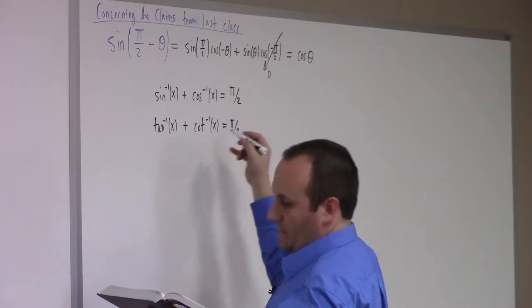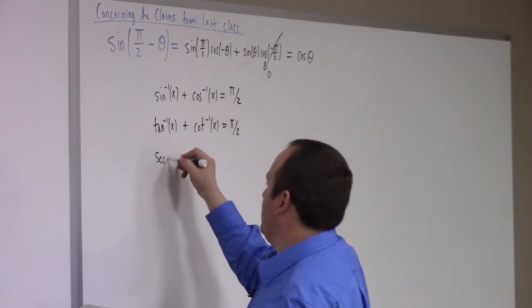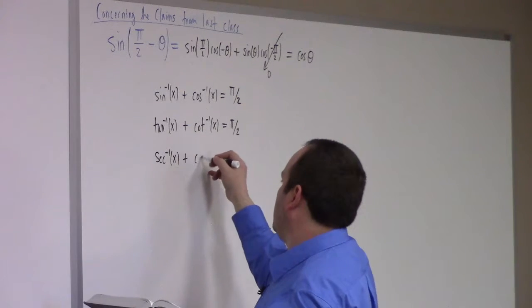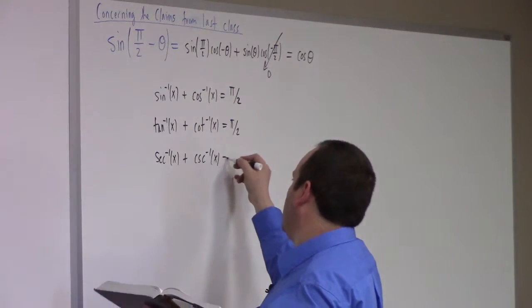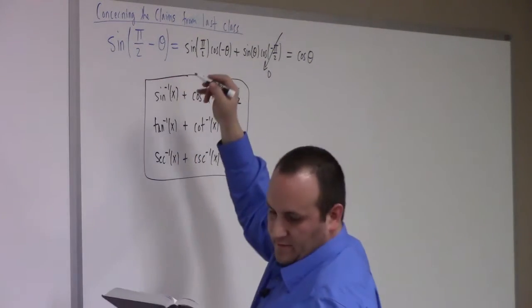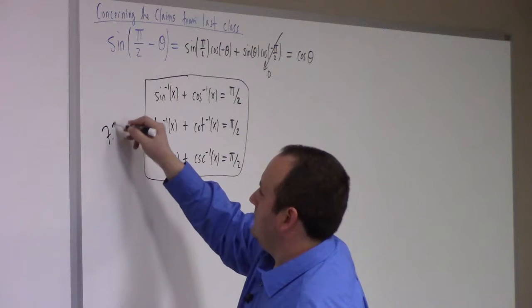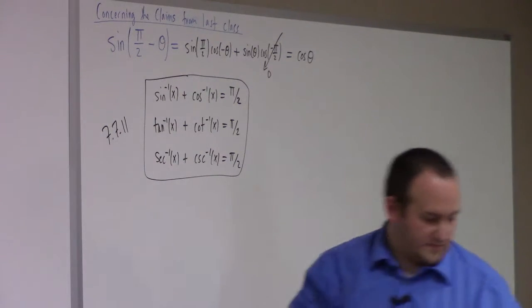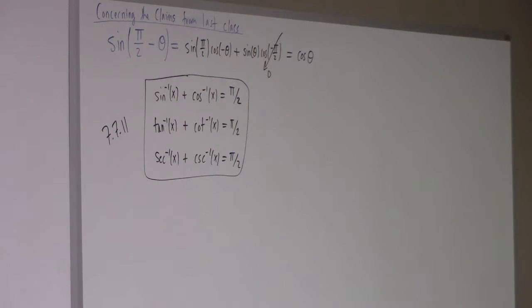And also that inverse secant of x plus inverse cosecant of x is, again, you guessed it, pi over 2. This collectively is referred to as 7.7.11 in the text, which, of course, is Alice and Hilly edition 10, whatever.